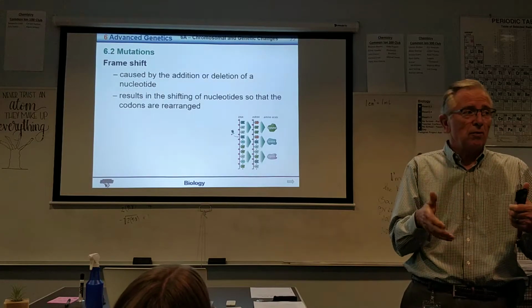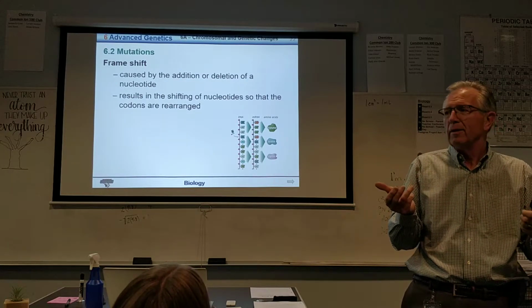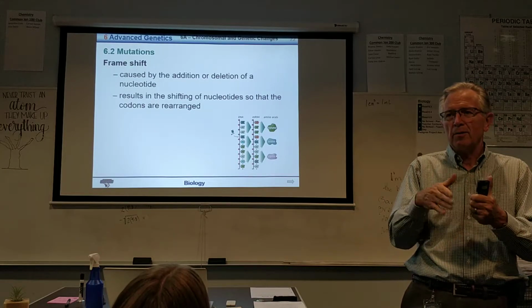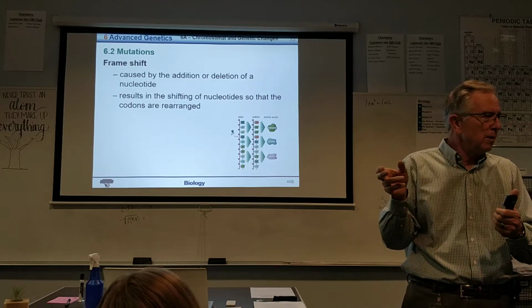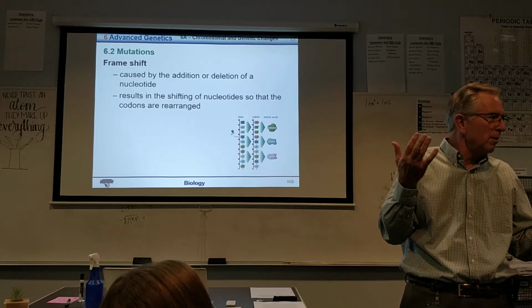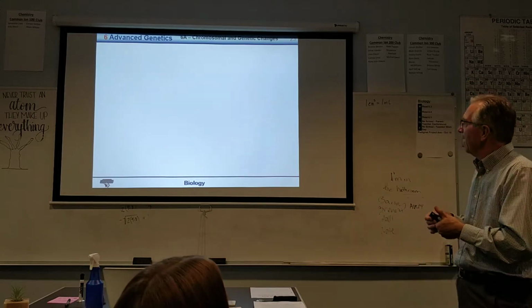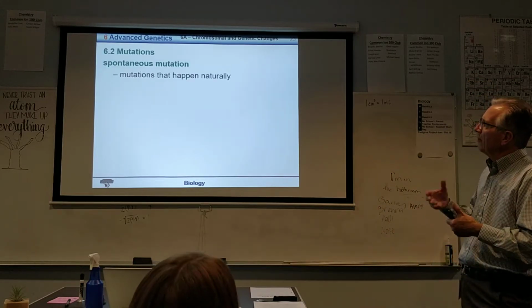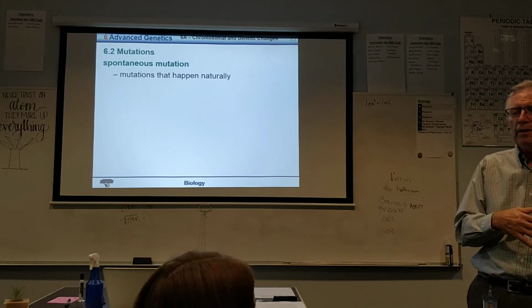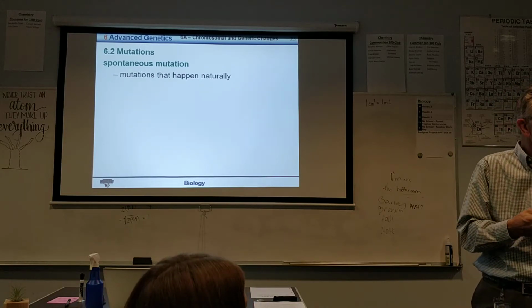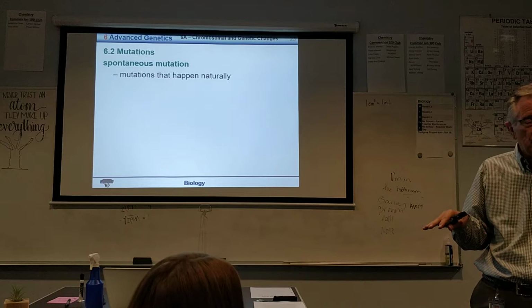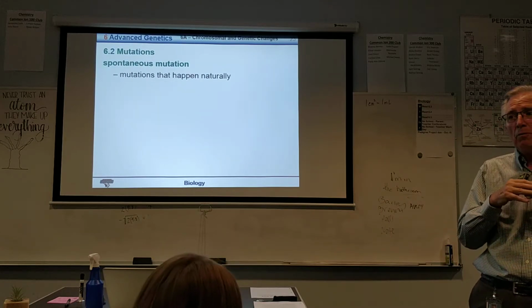Or what if it codes for a start? It's going to start building a protein, but it's missing all the first part. So these mutations can have effects all the way from really not changing anything to being really serious.